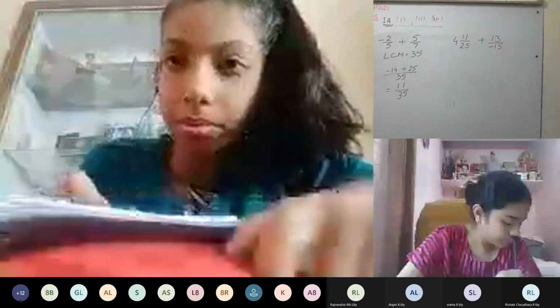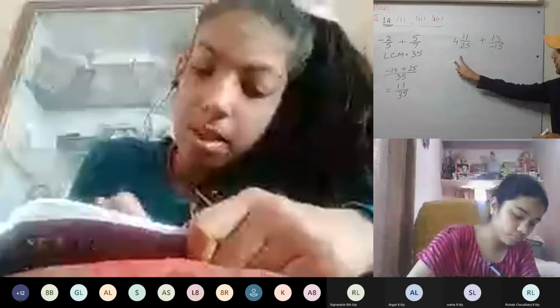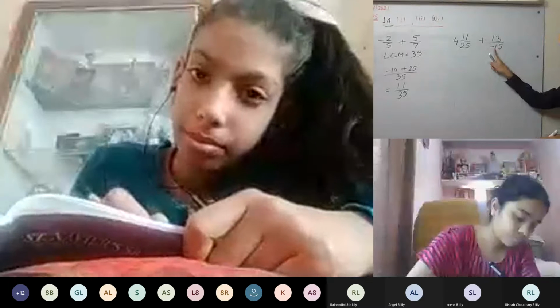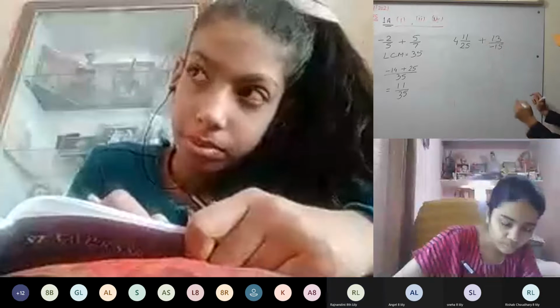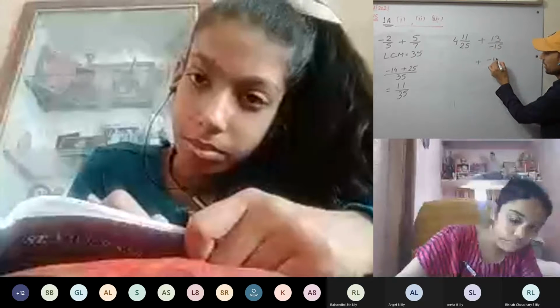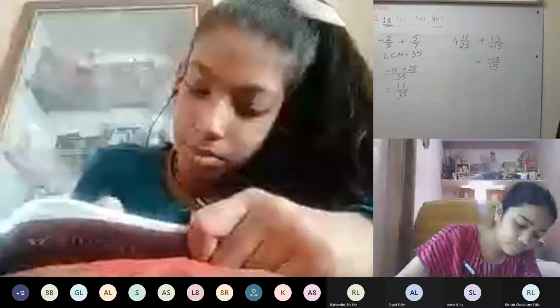Everyone look here. These two numbers you have to add. One is in mixed fraction. The other one has a negative number in the denominator. So we can write it in standard form. How can we write standard form? Minus we can put with the numerator. Minus 13 upon 15 we can write. We can do it like this.